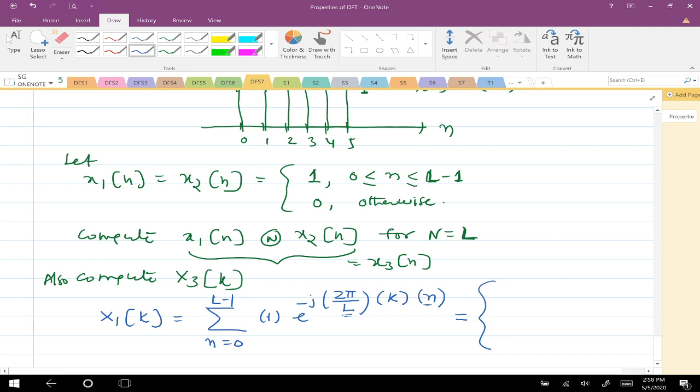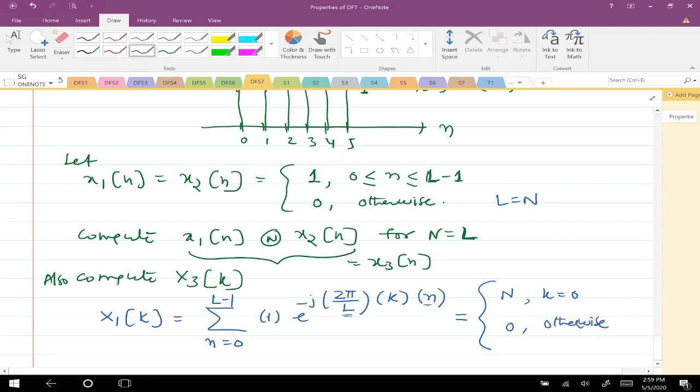And then you would come across this. What would that be? Well, only at k equal to 0 are you making L summations here. Of course, L equals N here. I could have written N in place of L, so either N or L is fine for k equal to 0, and this is 0 otherwise.